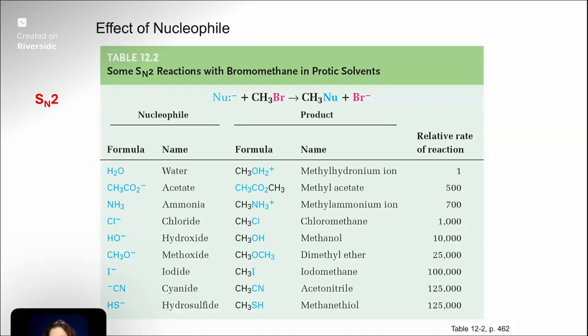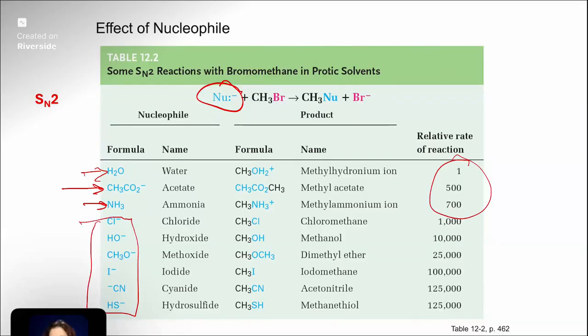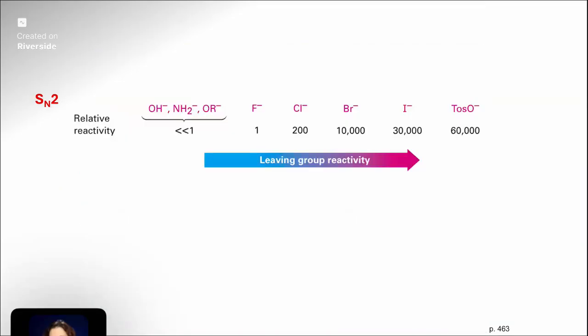Since the nucleophile is involved in the rate-determining step, the strength of the nucleophile can also affect the reaction rate, and in particular, neutral nucleophiles, or nucleophiles with spread out negative charge, react more slowly than negatively charged nucleophiles. And of course, since the leaving group leaves during the reaction, the faster reactions will go with better leaving groups.